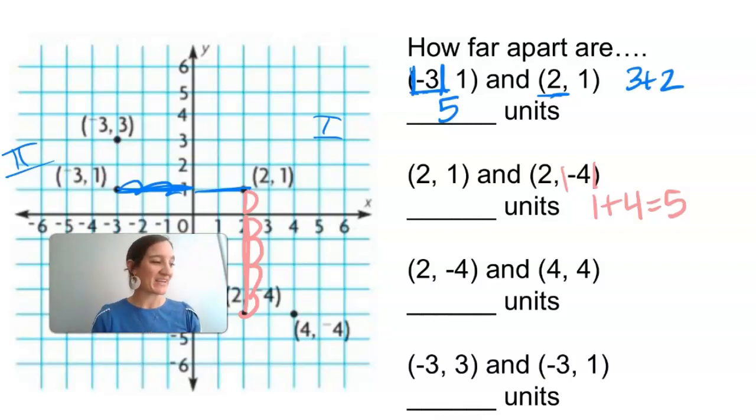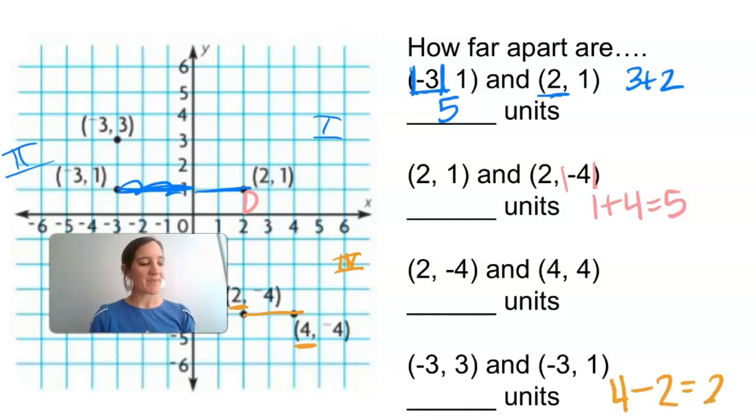But then when we got here to just these 2 points, they were both in quadrant 4. And so they were so close to each other, we didn't need to add. So that's when we take the coordinates that are different and we subtract them. 4 minus 2 equals 2. Basically what you're doing is you're taking this long 4 right here, and then you're subtracting the 2 right there.